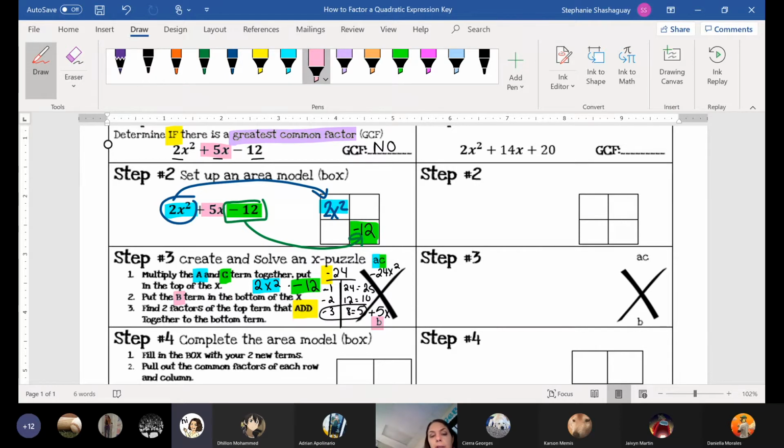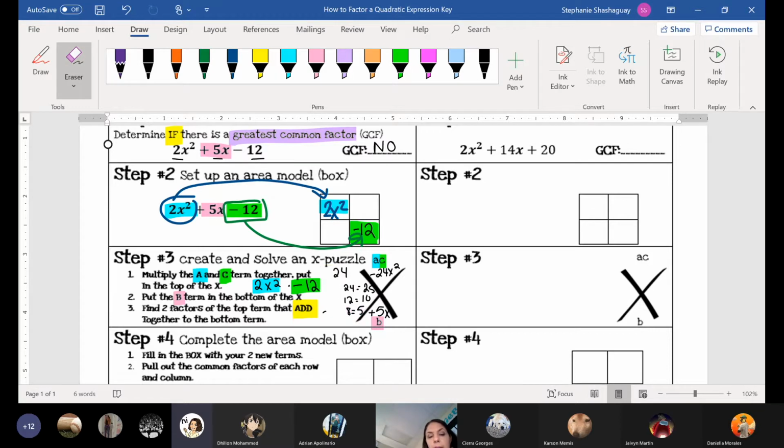So that is the term that we are looking for. Those are the 2 terms, the factors that multiply together to give you negative 24 and add together to give you a positive 5. Okay, since I am slightly out of space, I'm going to have to erase my T-chart, but we'll practice that on the other side again.